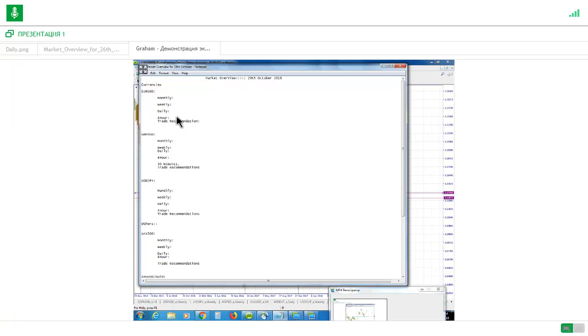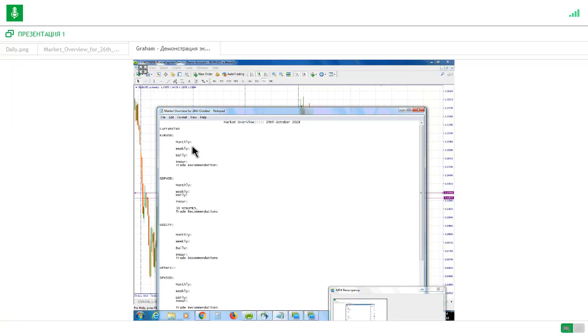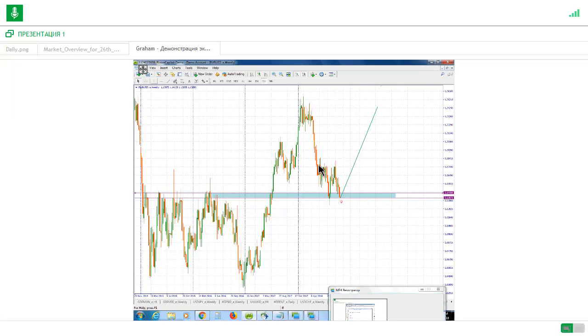If you look at this chart at the moment, on the weekly chart we are seeing a buy from 1.13871, 1.14458 towards this resistance.